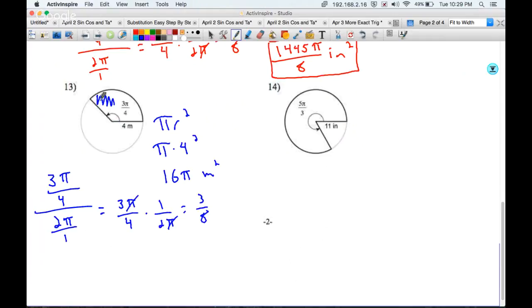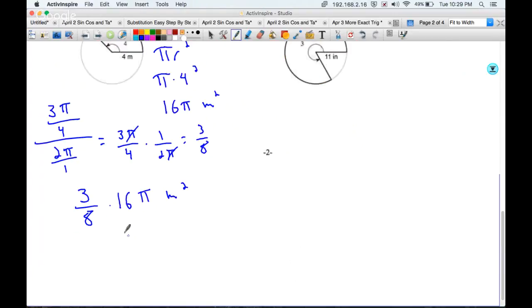So this angle here represents 3/8 of a full revolution. I'm going to take that 3/8 and multiply it by the 16 pi meters squared that we already have. And that is going to be 6 pi meters squared after I do the multiplication.